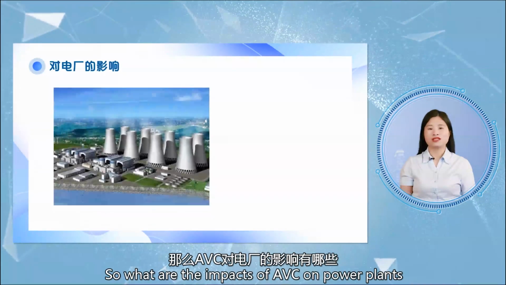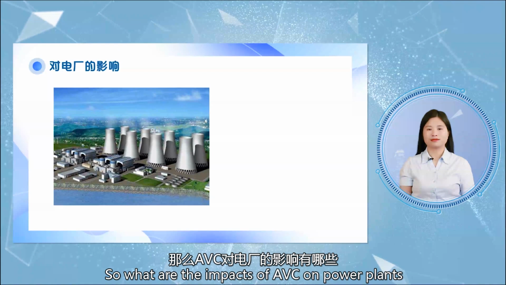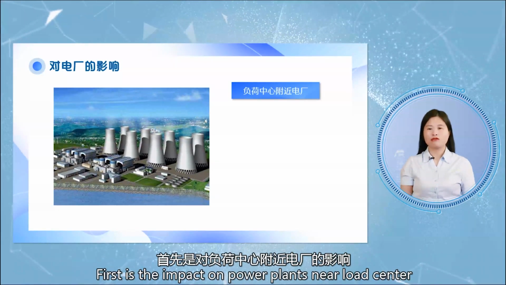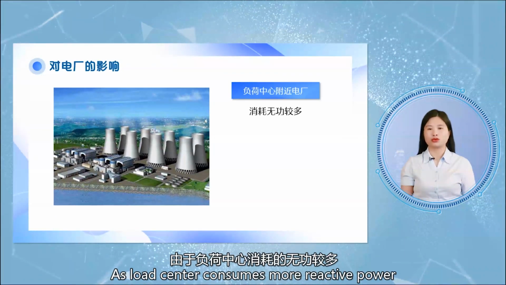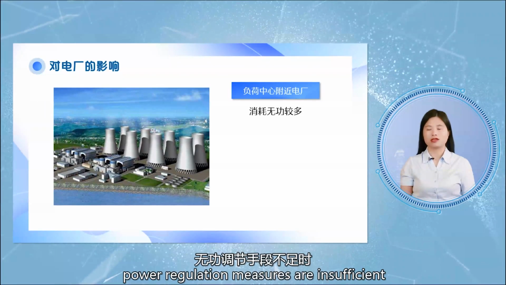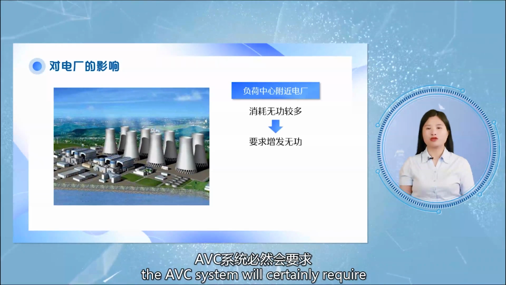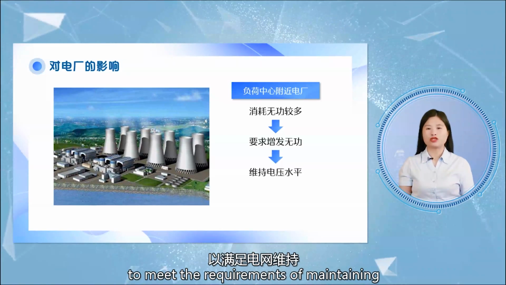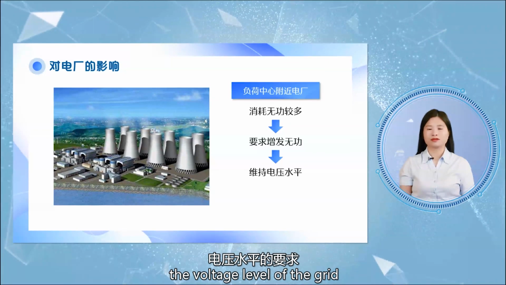So, what are the impacts of AVC on power plants? First is the impact on power plants near load center. As load center consumes more reactive power, when the grid supporting reactive power regulation measures are insufficient, the AVC system will certainly require the nearby power plant to increase reactive power to meet the requirements of maintaining the voltage level of the grid.